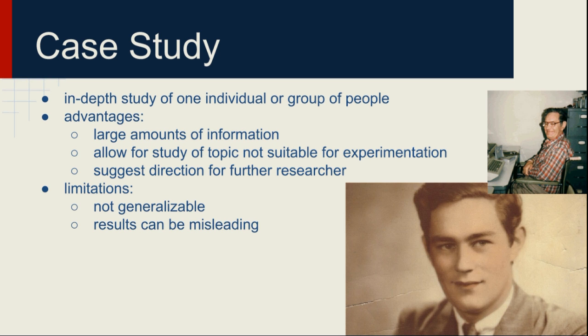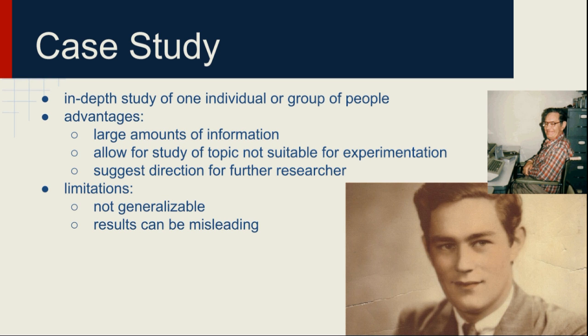His memory span would last for as long as he could pay attention. So if he was talking to you, he could hold a general conversation. If he was distracted by someone else and turned away and then came back to you, he would often introduce himself and would act as if he had never spoken to you before. And so he had what we call anterograde amnesia, this inability to form new memories.